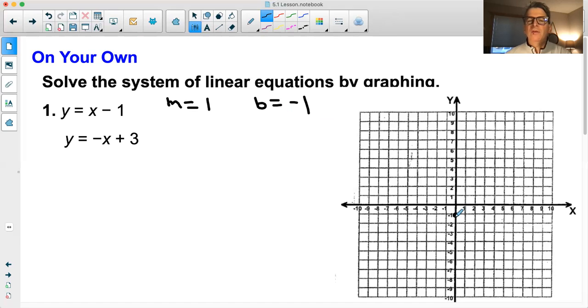Then we're going to apply the slope of 1, up 1 over 1, up 1 over 1, and you've got yourself a nice line that travels at a slope of 1, and it crosses at the intercept of -1.